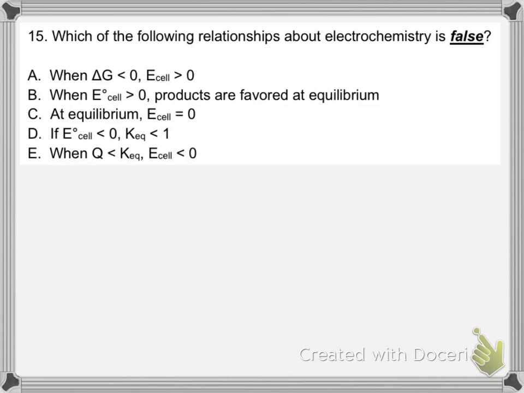Number 15, we're picking which relationships about electrochemistry is false. So A says when delta G is negative, the E cell is positive, and that's going to be true, and this would correspond to when a reaction is spontaneous.